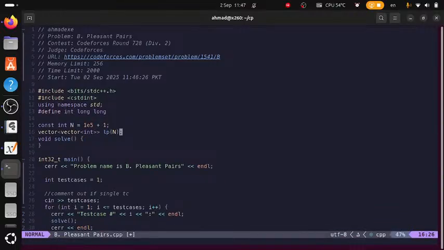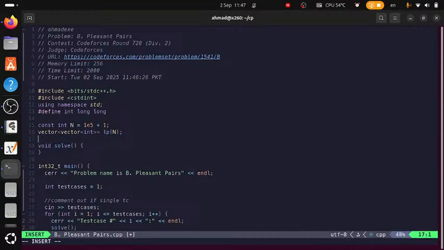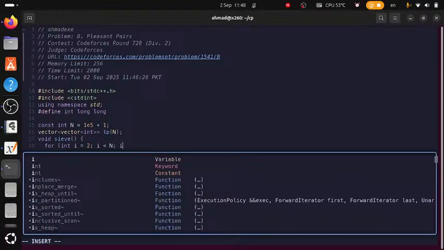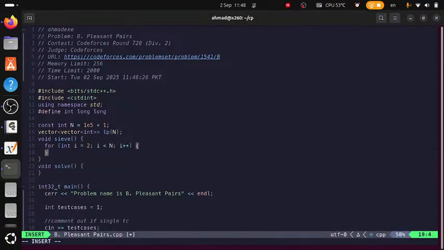And also, we are going to say for i equal to 5, less than n, i plus plus.